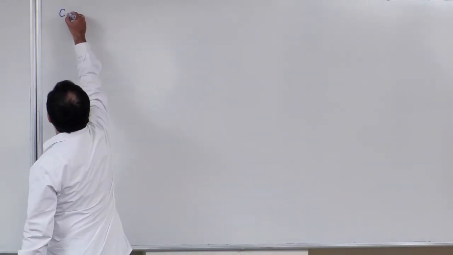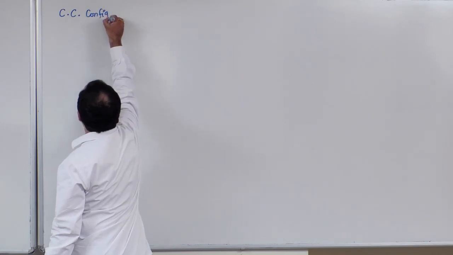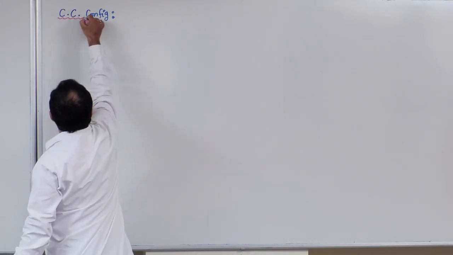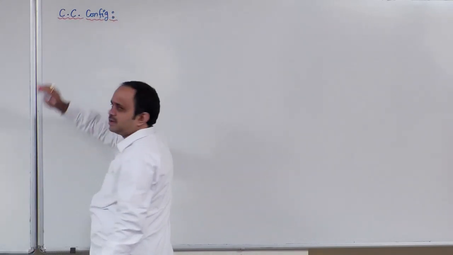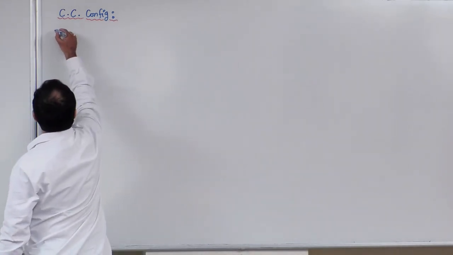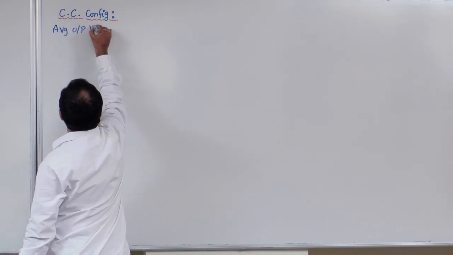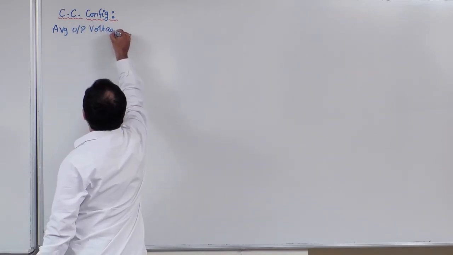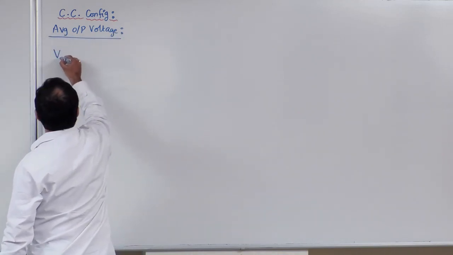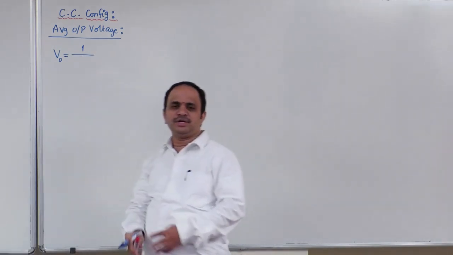Now let us look into some equations. As I told, we can write down the equations for any one configuration. Let me take that for common cathode configuration. The first one is average output voltage. V0 is equal to 1 by periodicity.